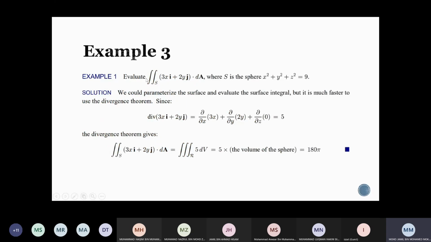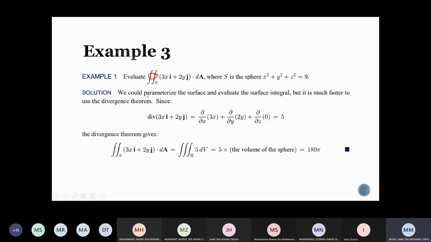Let's say we evaluate the flux of this vector from the surface of a sphere. To calculate this, you need to determine the surface of the sphere, which is quite difficult. We could parameterize the surface and evaluate the surface integral.